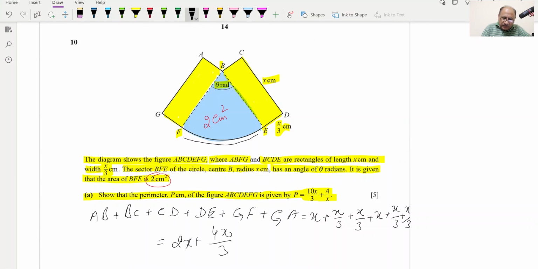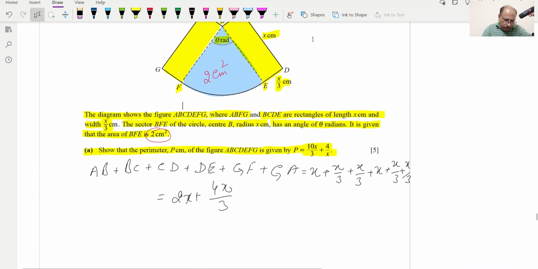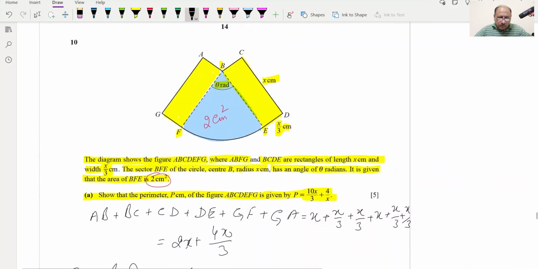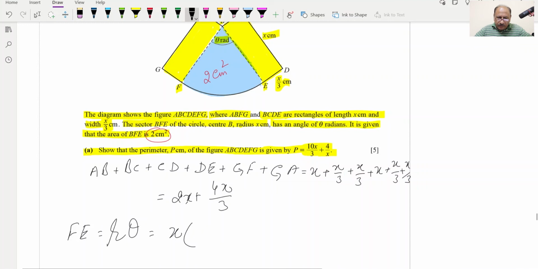So FE sector we have to find, and FE will be equal to r theta. So r theta, r is x, radius is x, and theta we need to find first.